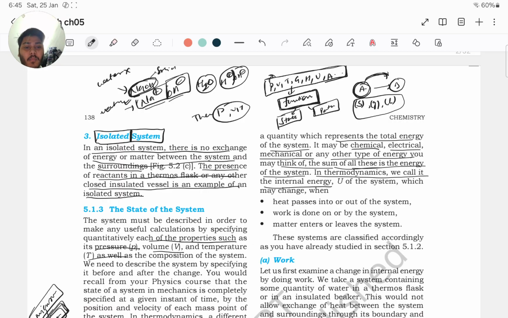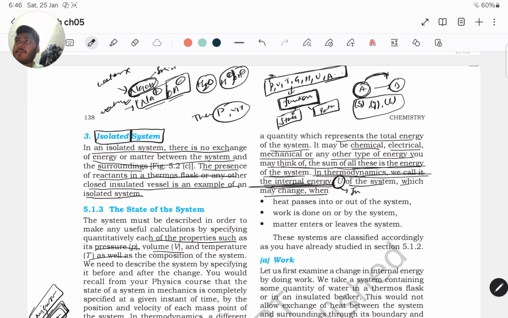So that is the internal energy, defined by U. Whenever we use U, that is the internal energy of the system, which may change when heat passes into or out of the system.